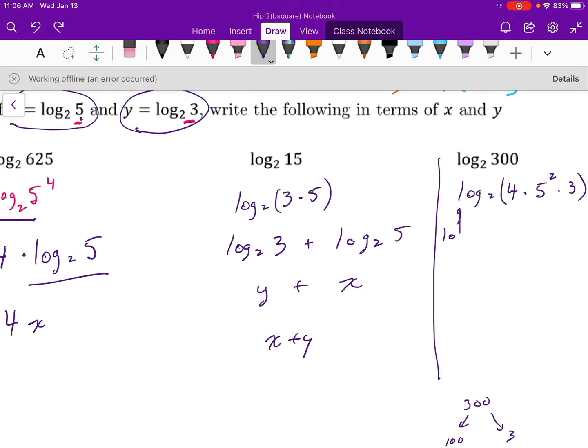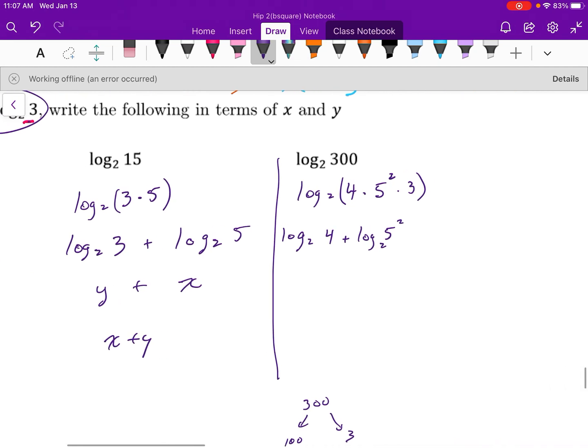And I'm going to use my product rule to say that this is equal to log base 2 of 4 plus the log base 2 of 5 squared plus the log base 2 of 3.